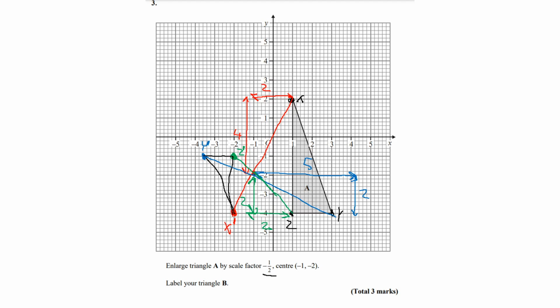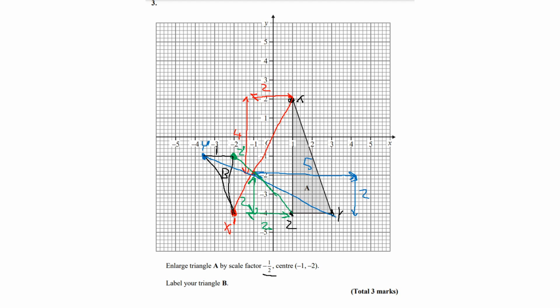And what we're left with is triangle B, which is half as big as triangle A. Because look, this is 1, right? No, sorry, this is 2, excuse me. But this is 1, okay?